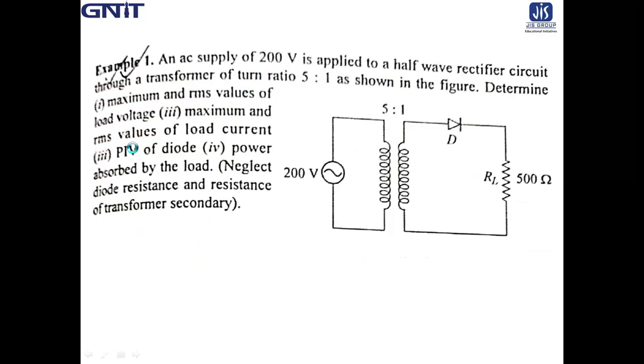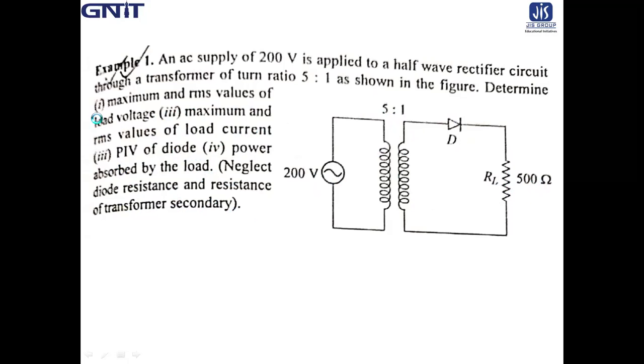Determine the maximum and RMS value of load voltage, maximum and RMS value of load current, PIV, and power absorbed by the load. Neglect diode resistance and resistance of the transformer secondary. So we are applying 200 volt AC, the turn ratio is 5:1 and the load resistance is 500 ohm.